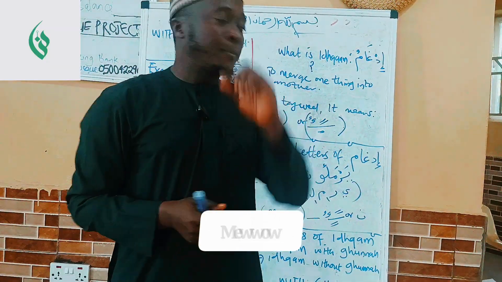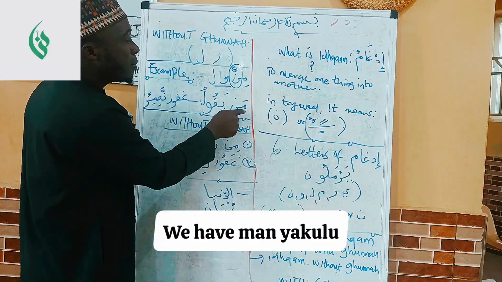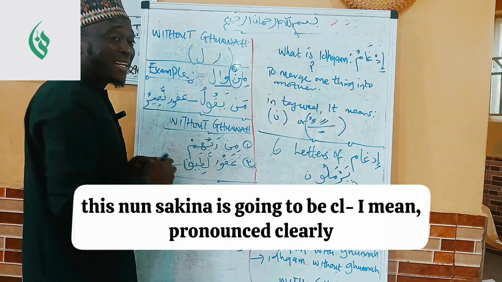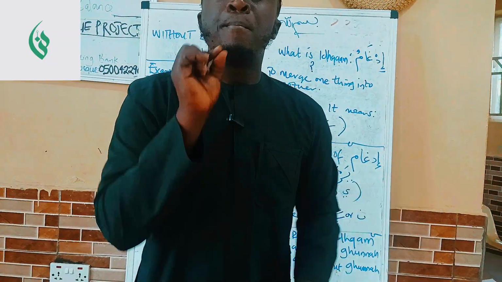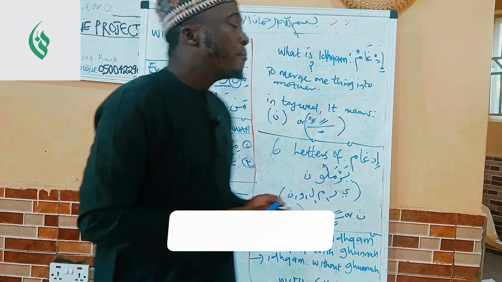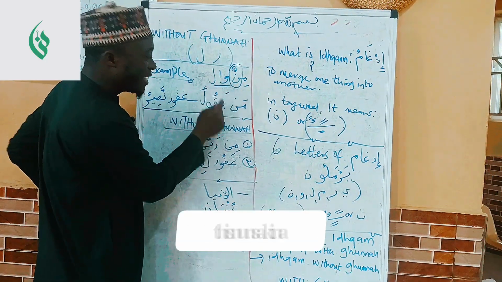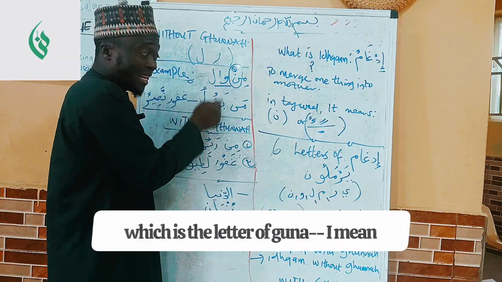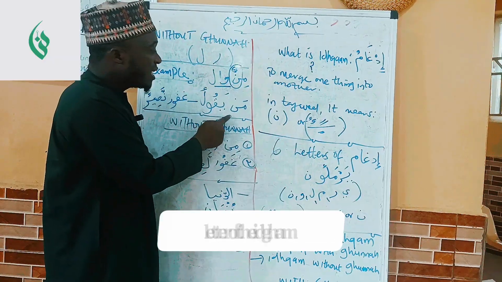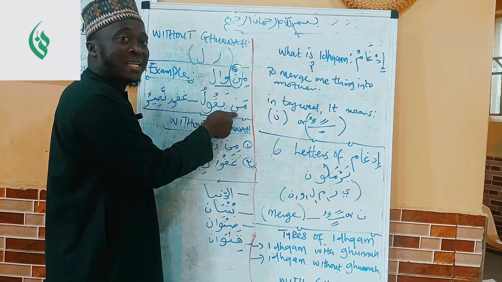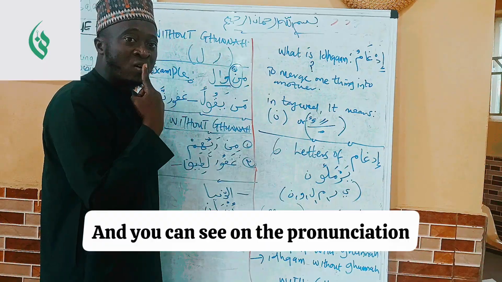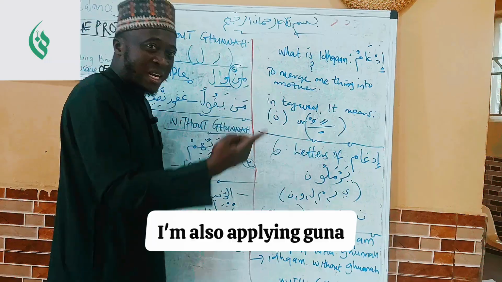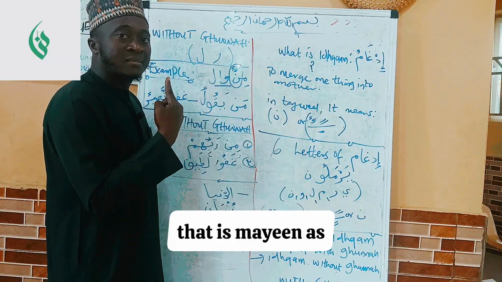Now another example, we have man yakulu. Under izhar, this nun sakinah would be pronounced clearly: man yakul. But under idghām, this nun sakinah will be inserted directly into this ya, which is a letter of idghām. It will now be may-yakul, and you can see in the pronunciation that in the course of pronouncing it, I'm also applying Ghunnah, as if I'm using my nose.